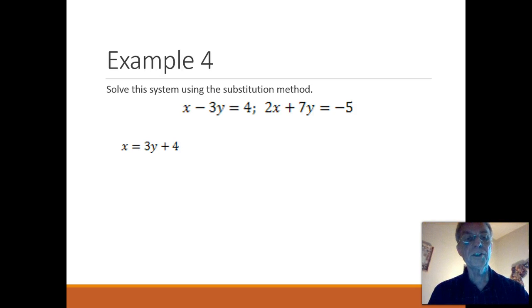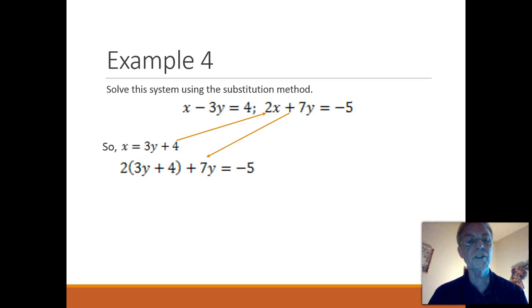So now I can substitute this 3y plus 4 into the second equation where x is. So that's going to be rewritten this way: 2 parentheses 3y plus 4, which took the place of the x, plus 7y equals negative 5. Do the distribution.